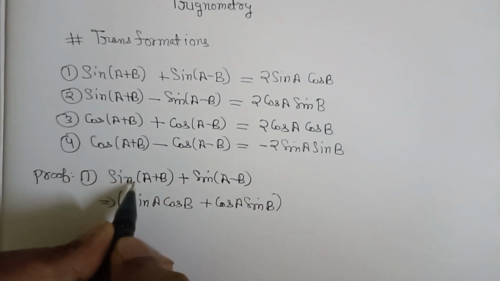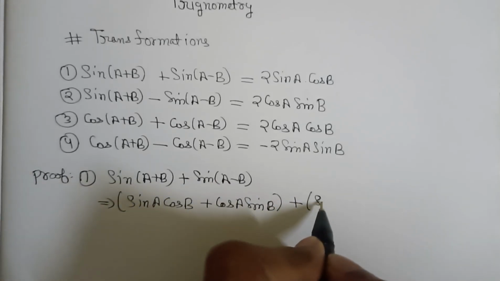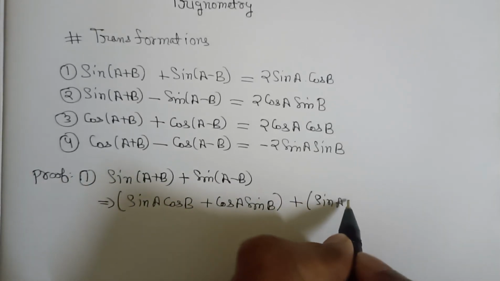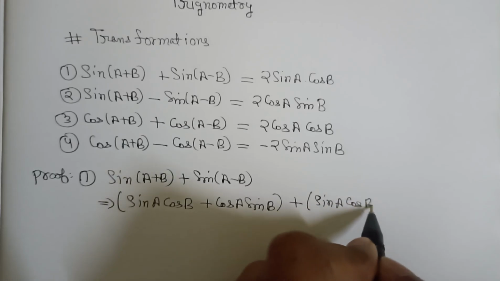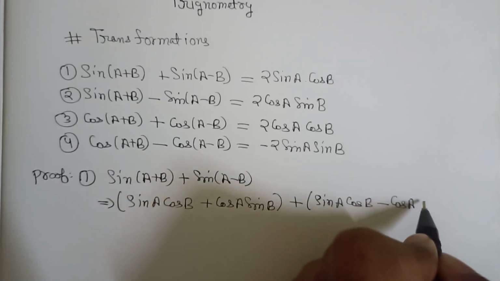This value is for sin(a+b), and plus sin(a-b) will be sin a cos b minus cos a sin b.